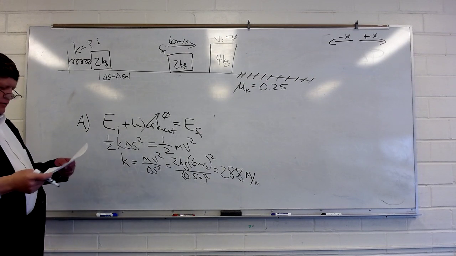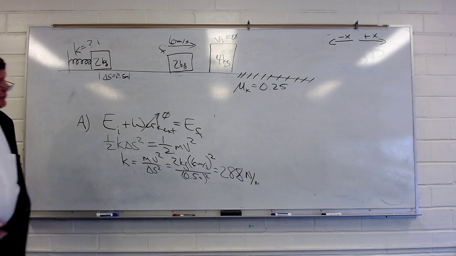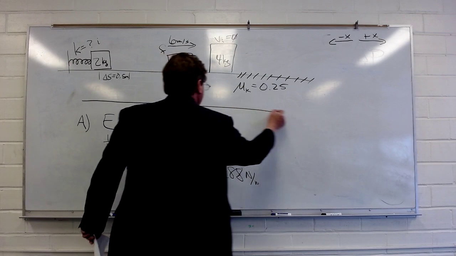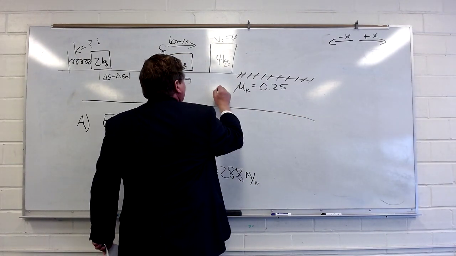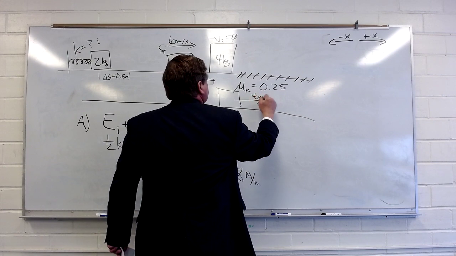And we're also told that after this collision, the large block is moving. Okay, so after the collision, let's draw another picture. This large block is moving at 4 meters per second.